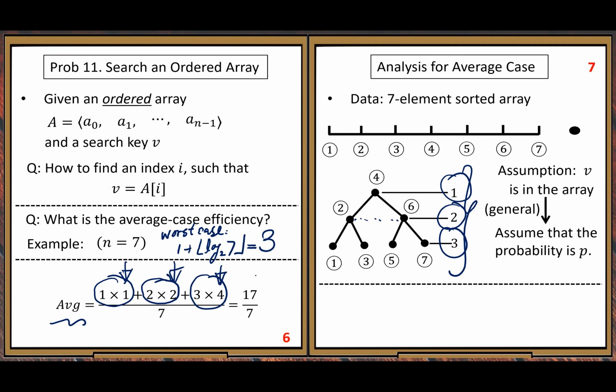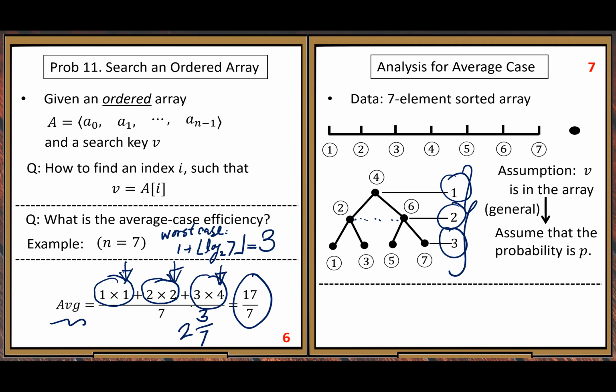So the average number of comparisons is 17 over 7. Written as a mixed number, that's 2 and 3/7.